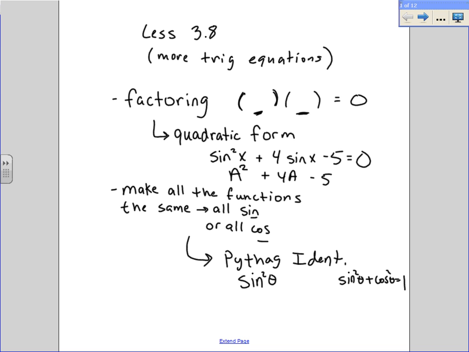And so sine squared would be equal to 1 minus cosine squared. And so what I could do with a sine squared is I could replace sine squared with 1 minus cosine squared.